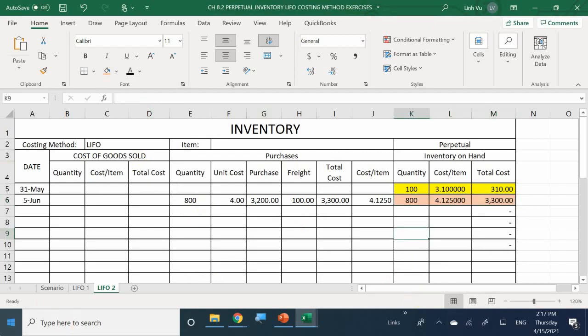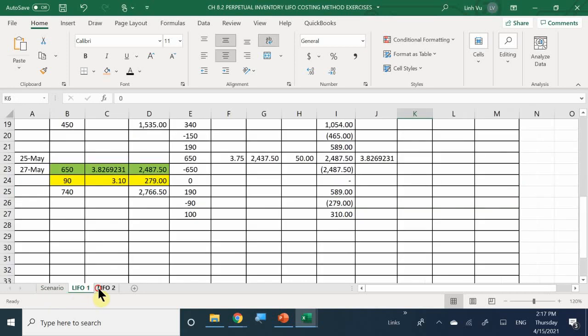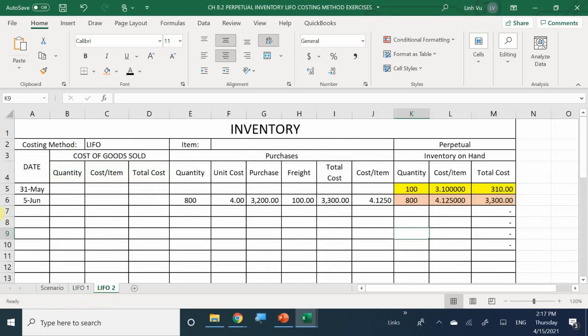Then what happened on June 7th? We sold 350 units. So here we are, June 7th, and we sold 350.